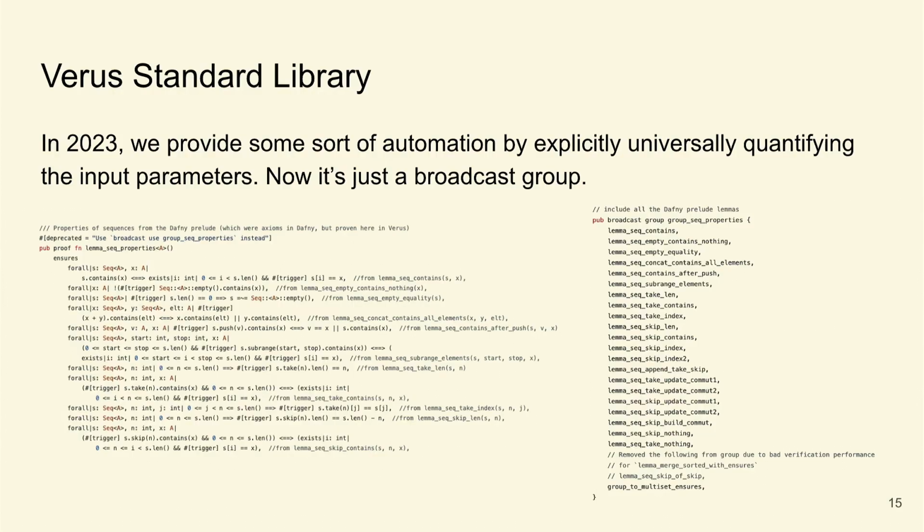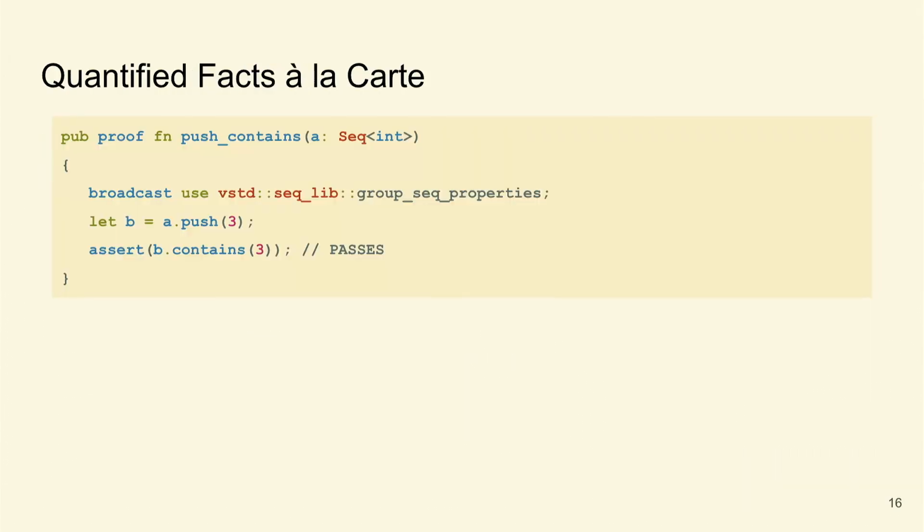In the past, we had all of these extra Dafny axioms, now proven in Verus, and we threw them into a large group, universally quantified all of them, and threw them into this huge lemma. With broadcast proofs, we can also group them together in chunks, and we can import in bulk all of these lemmas. And this is exactly how we organize our code base.